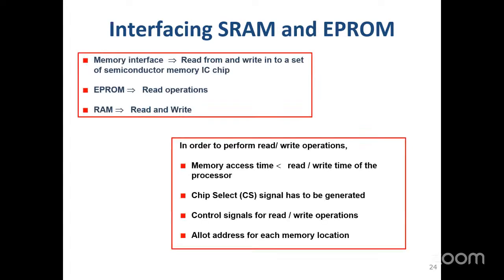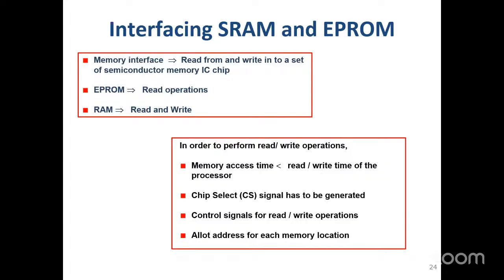Next, to select that memory, we need to enable the chip select CS pin. Compulsory, we need to enable this. With respect to the microprocessor, all external devices have one compulsory pin, that is the chip select pin. If you enable this chip select pin, then only that device can be recognized by the processor.